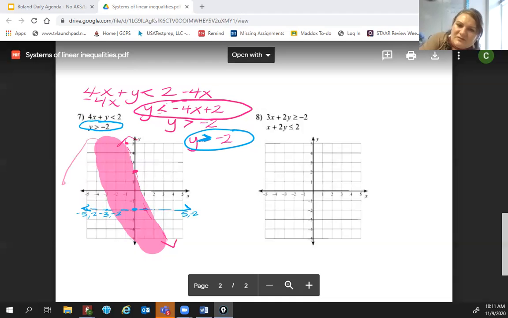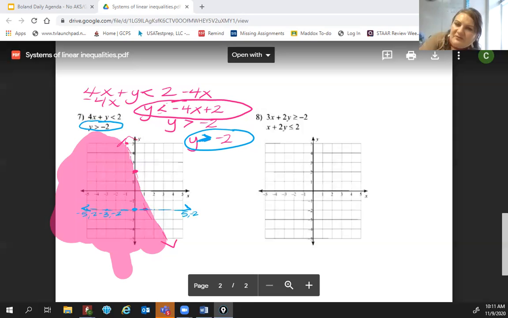Oh, so this is going to be my highlighter. I'm going to shade this portion, right? And then for the other one, the y is greater than -2. Is that one hard to figure out?